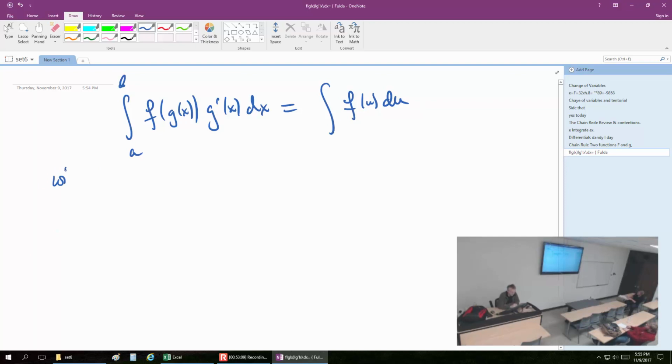So with the substitution u equal g of x, we do just what we just did. This is version 3 of the integration by substitution formula. So what are the limits?